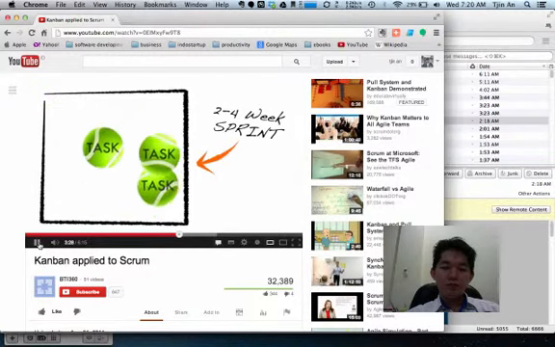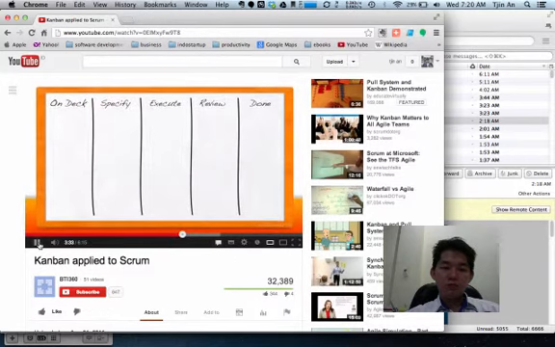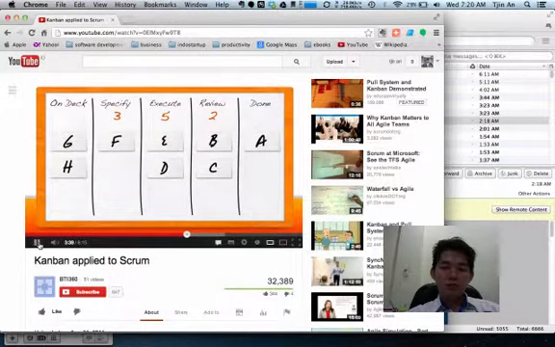This constant task switching is a costly overhead. Kanban addresses this issue by placing WIP limits at the work level instead of the 2 to 4 week sprint level. The work in progress is limited by assigning a finite capacity to each step in the workflow. For example, let's say task D is complete and we wanted to move it into the review column.